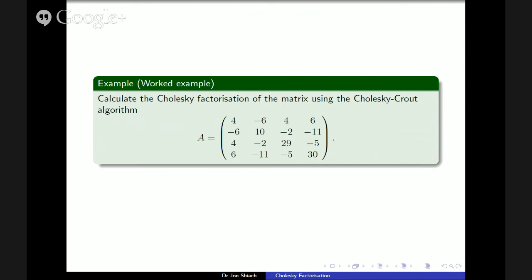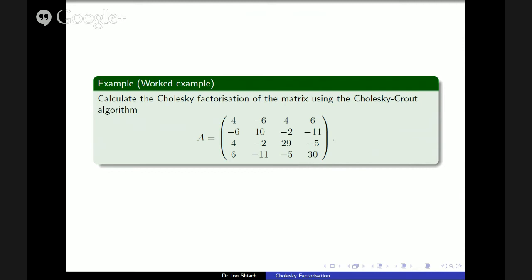Beneath the main diagonal, I've got L32, and that's 1 over L22 times A32 minus L31 times L21. So just be careful about the i's, j's, and k's with the summation.